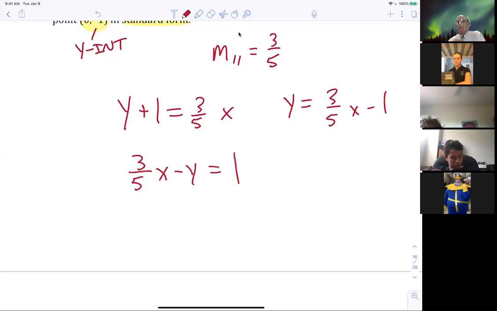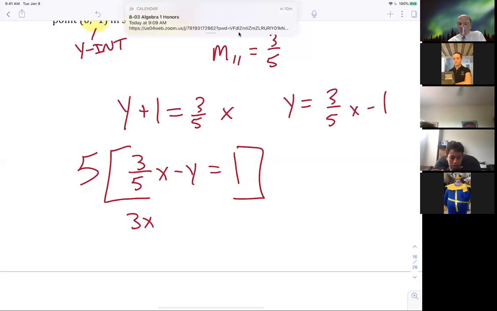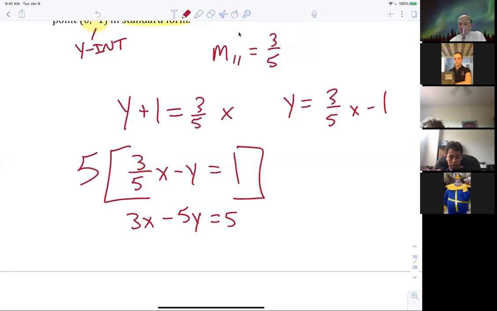How do I eliminate the fraction? Oh, if I multiply by the reciprocal, that will create a fraction over here. Mr. Varner, tell him. You are brilliant. Multiply everything by 5. And when we do that, it becomes 3x minus 5y equals 5. How's that? Making sense? Yes.